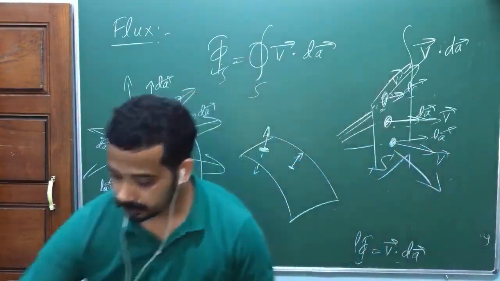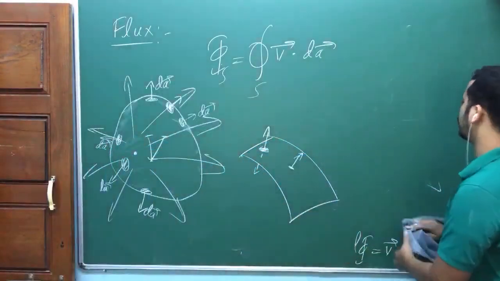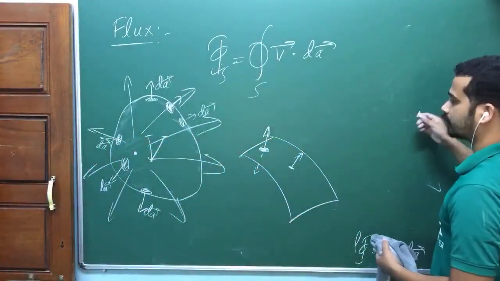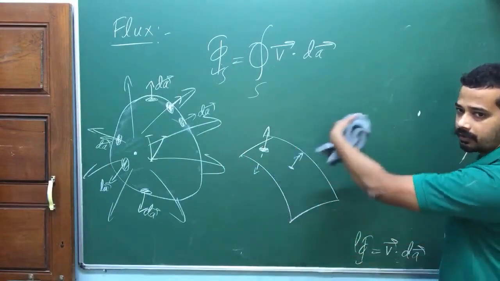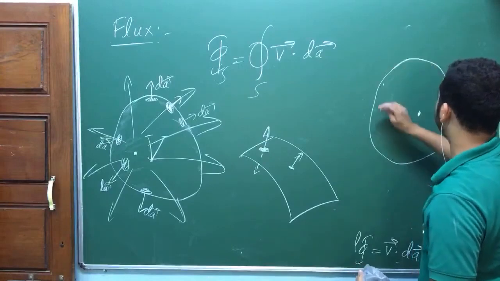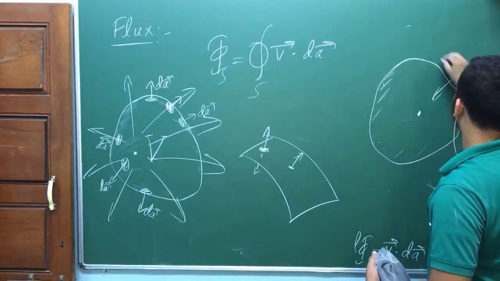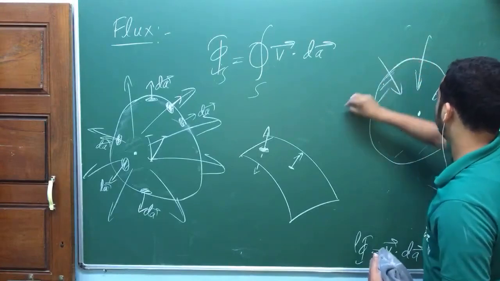Suppose you have some other situation where you have a sink here, not a source, say a negative charge, where electric field lines come in. You know that one. Then you have a closed surface area, and your field lines are going like this.